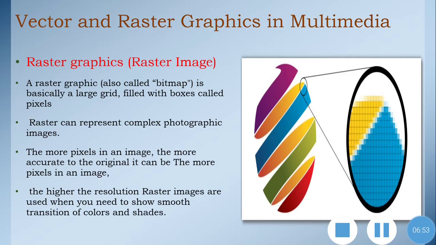Raster can represent complex photographic images. The more pixels in an image, the higher the resolution, and the more accurate to the original it can be. Raster images are used when you need to show smooth transitions of color and shade.